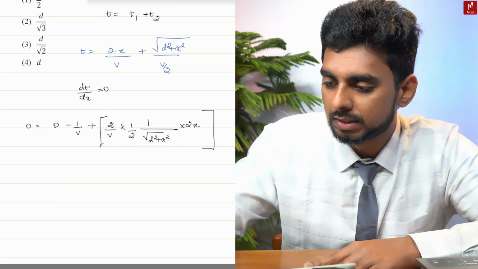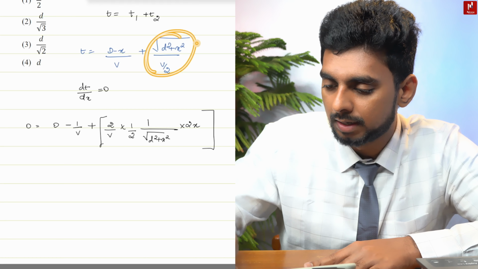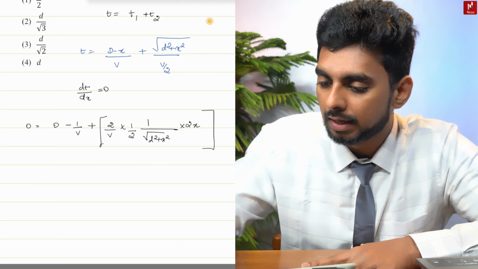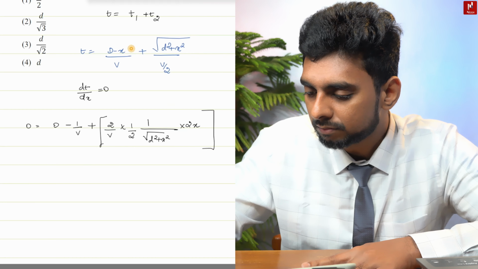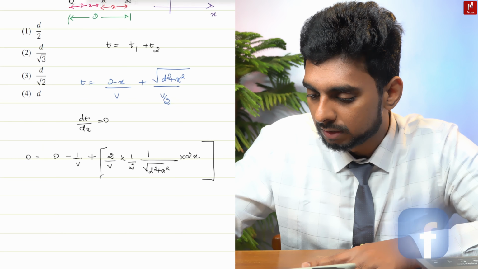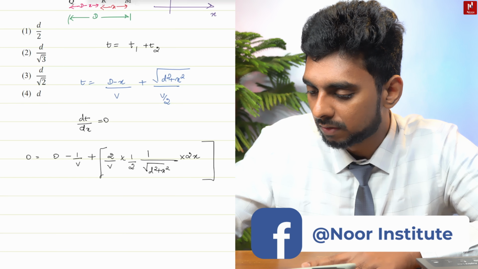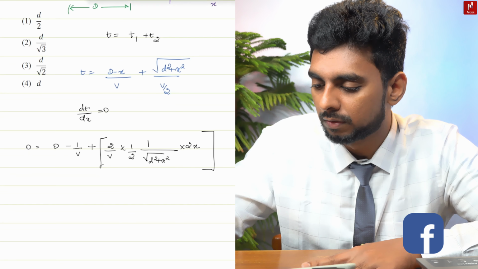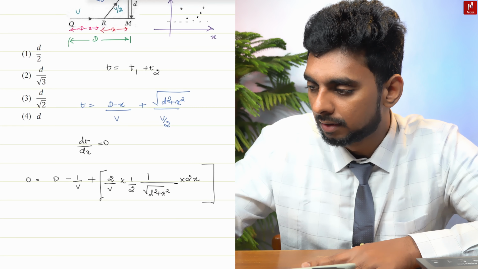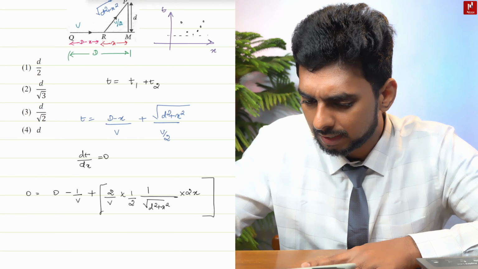So now the differentiation is done. I have differentiated this part, and then I have got this answer. Just rearrange it, you'll get the answer. That's it, finished. Just do the rearrangement. v will get cancelled out. The rearrangement will give you the relation between the x and the d.